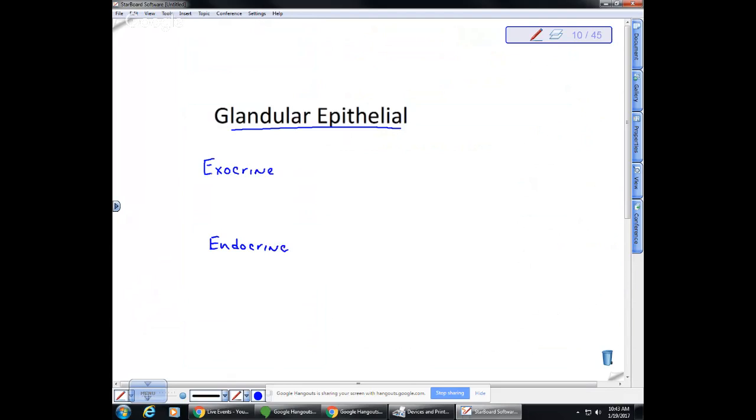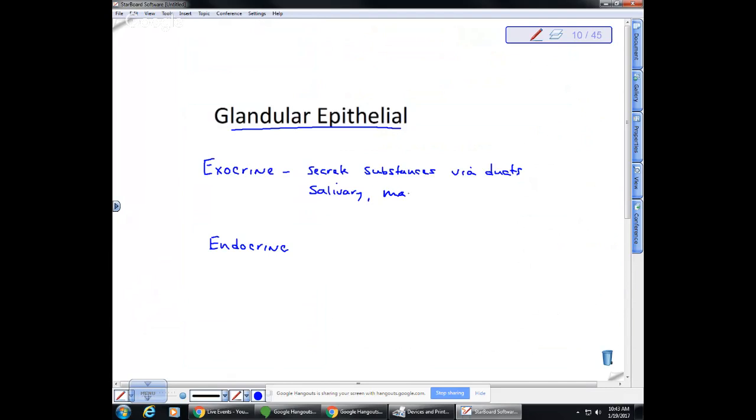So exocrine means to the outside. So these are glands that secrete their substances via ducts. And so a good example of this would be salivary glands, which secrete their saliva into the mouth via a duct or a group of ducts.